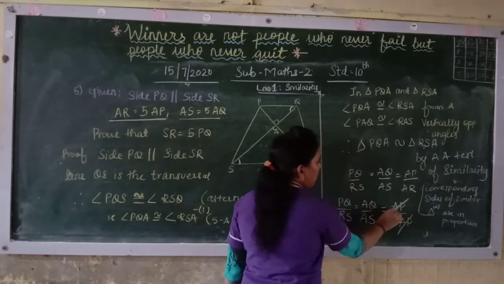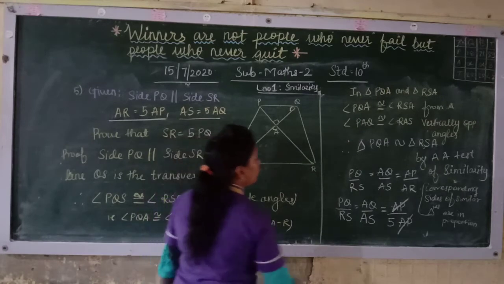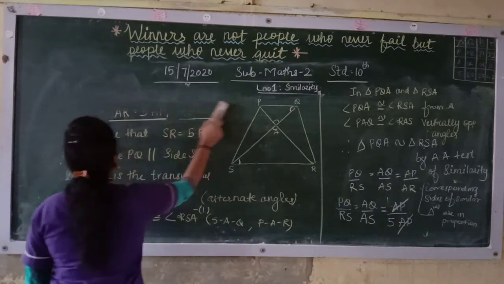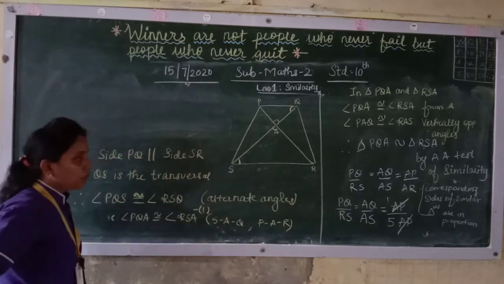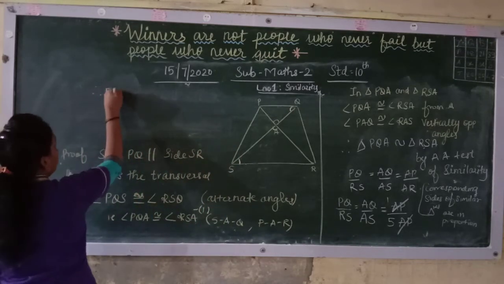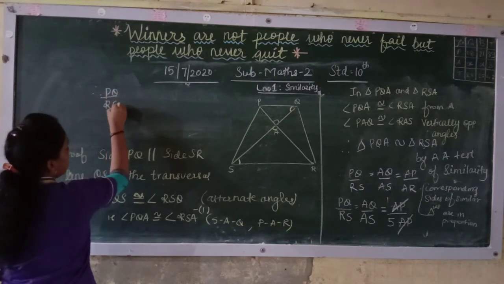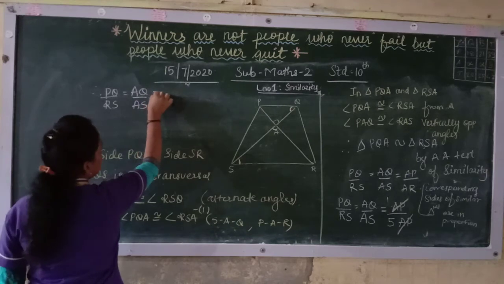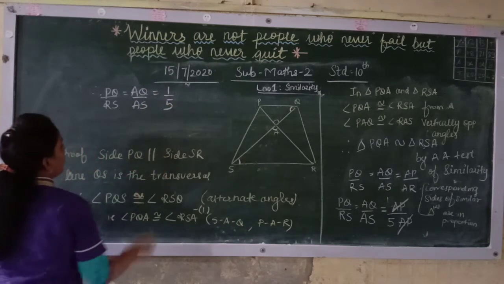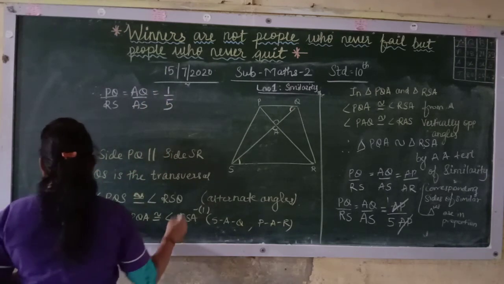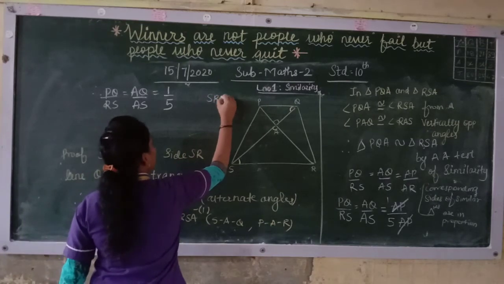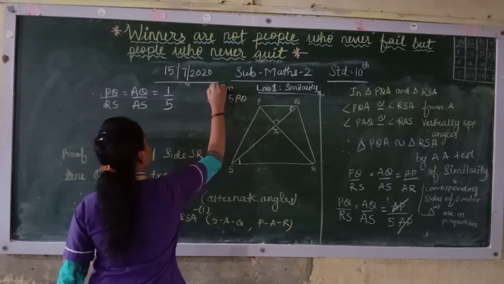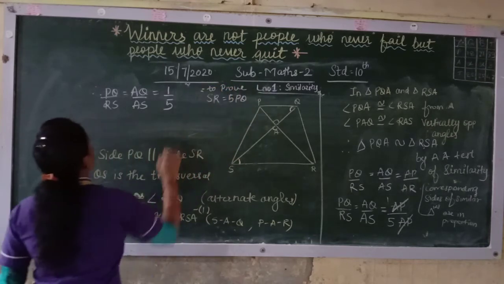So here AP and AP will get cancelled, and it is 1. Therefore PQ upon RS is equal to AQ upon AS is equal to 1 upon 5. And what did we want to prove? We wanted to prove that SR is equal to 5 PQ.